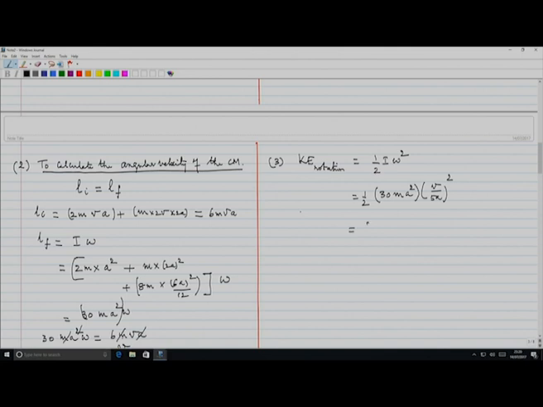That will give you 3 by 5 m v squared. So this is a good problem which requires the conservation of linear momentum and also the conservation of angular momentum.